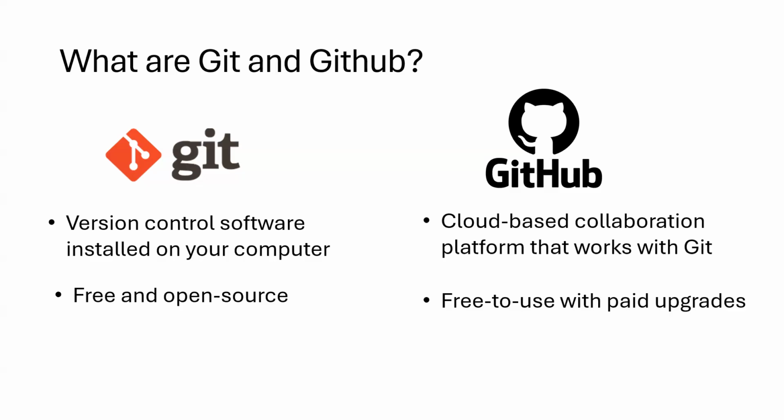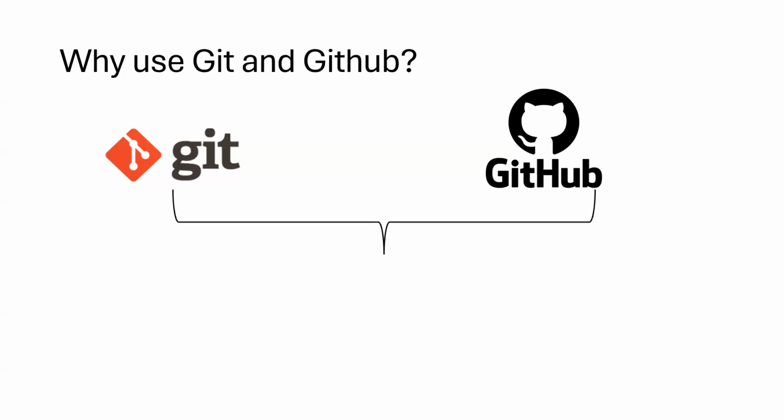So there's a lot more to these tools, which we'll get more into as we learn how to use them. So, motivations for using Git and GitHub. They're not the only version control systems out there, but they are free to use and they're lightweight. As I mentioned, they're easy to install, don't take up a lot of room. They're user friendly, especially a lot of the software that people have developed to work with Git and GitHub.